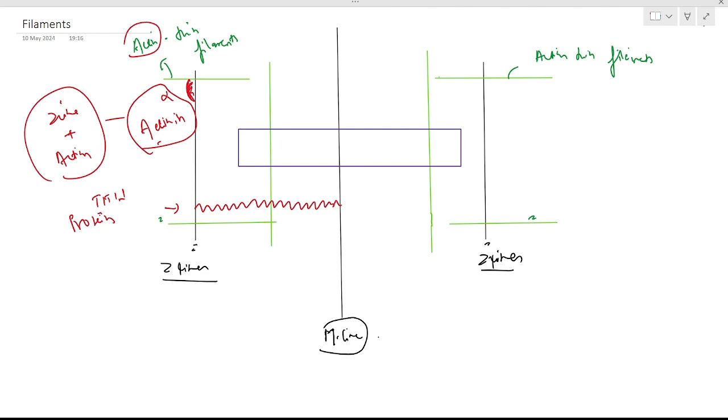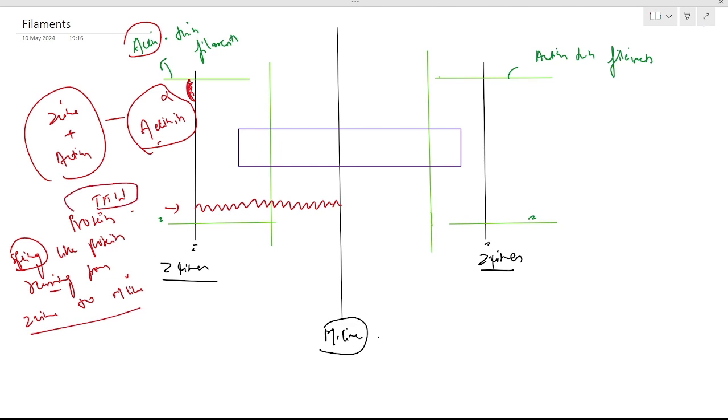This arrangement is spring-like, so it's a spring-like protein running from Z line to M line. Titin protein. And this is alpha actinin connecting Z line to actin.